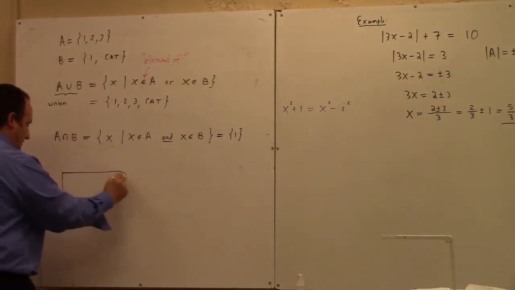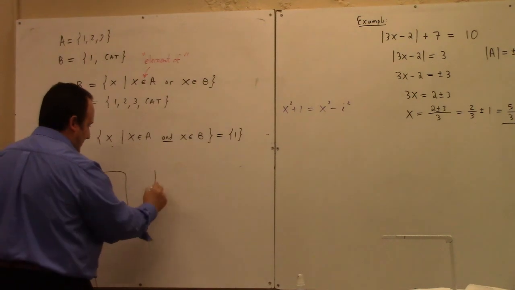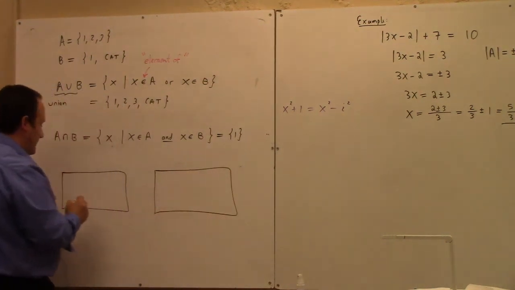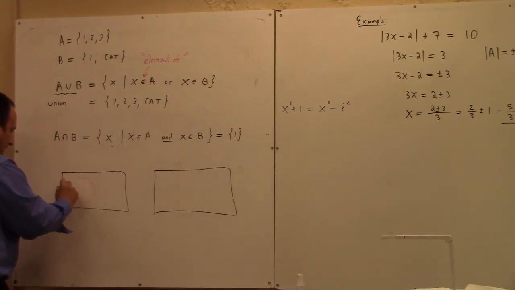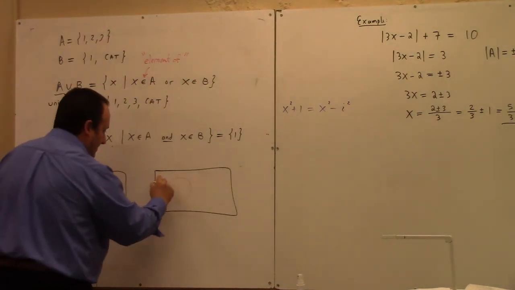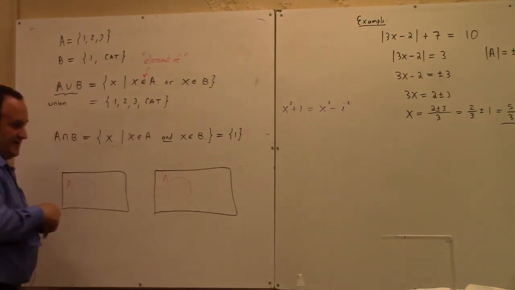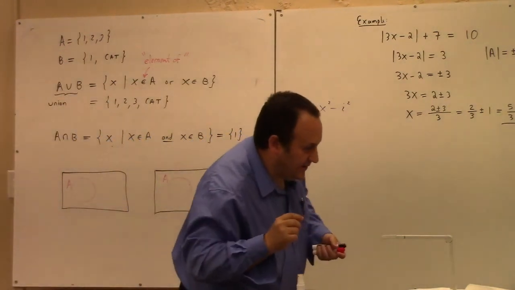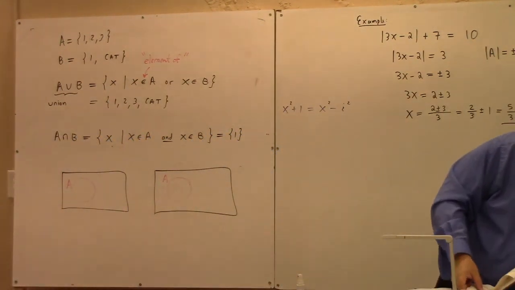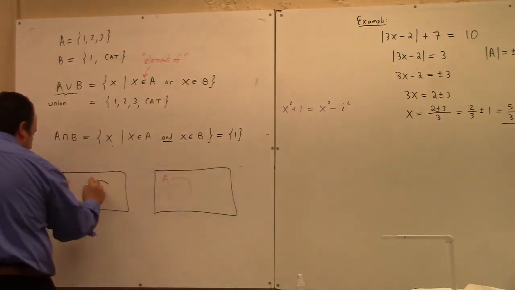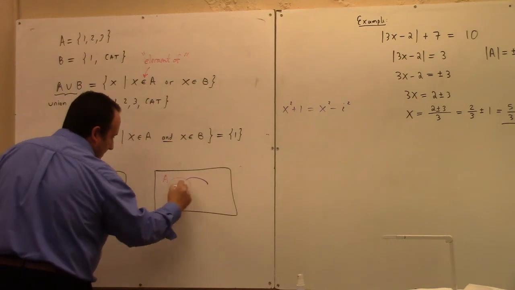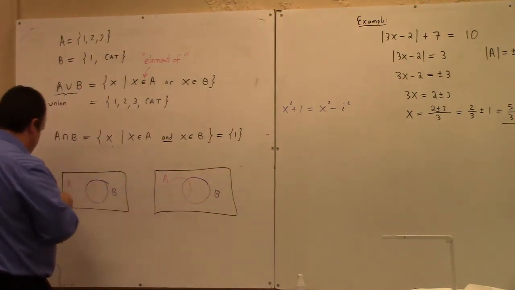Since you asked, and it doesn't hurt to spend a minute, another thing you could do is draw some pictures of sets, and you could visualize union and intersection using what are called Venn diagrams. So this is A. Here's B. Right?